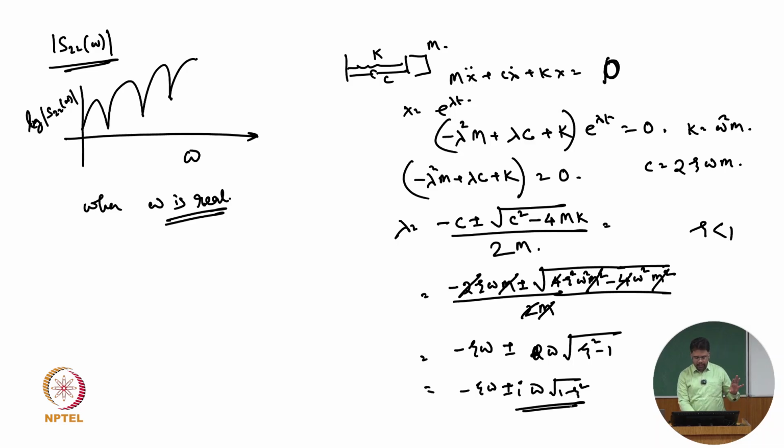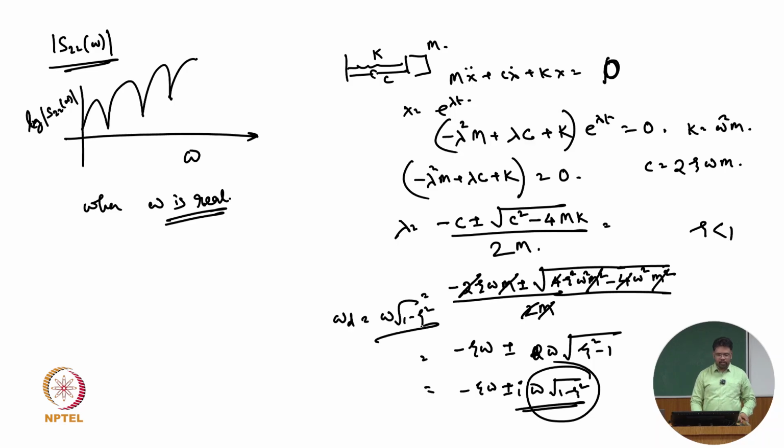and what is the natural frequency? Natural frequency is this one. That is the underdamped natural frequency. So omega d equal to what we say? Can you recall? Damped natural frequency. And what is this?